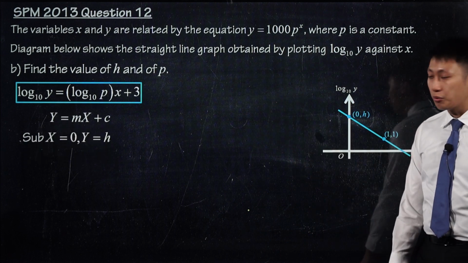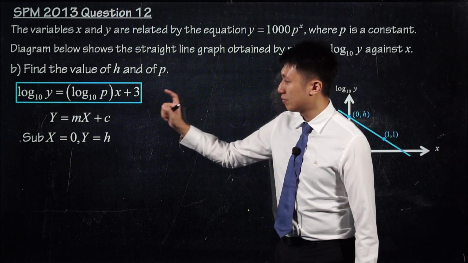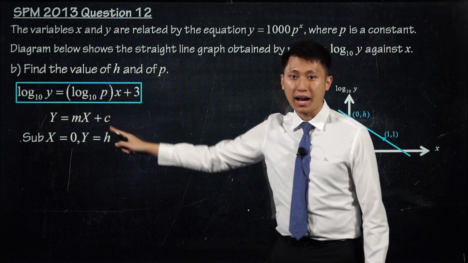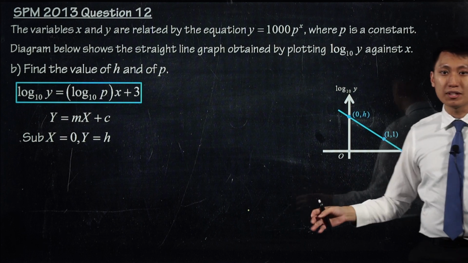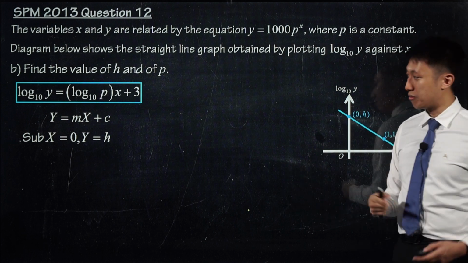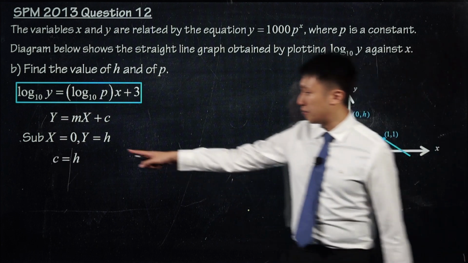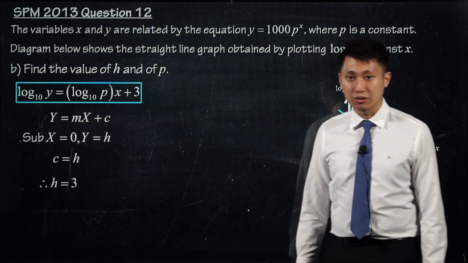Then we can substitute these values into this, not this. Always substitute into capital X and capital Y. In linear law, this whole chapter, you are substituting the coordinate into capital X and capital Y, remember. So from there we can see that c is immediately equal to h. Then h is equal to 3.